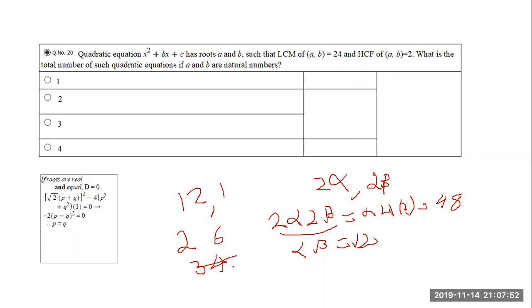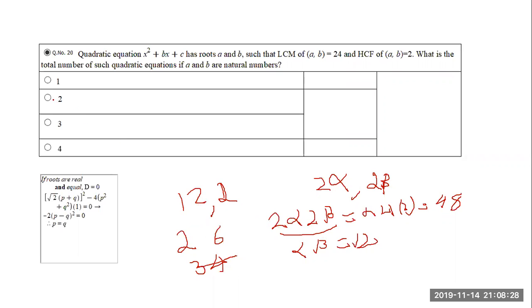And then what else number? I think that's all. What else? 12 comma 1, 3 comma 1. Any other number? Yes. One more number is there. So alpha beta should be, I think that's all. 2 comma 6, 4 comma 3.